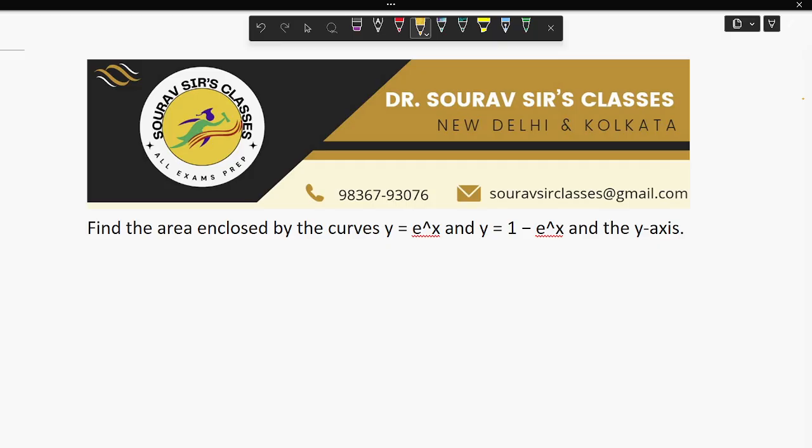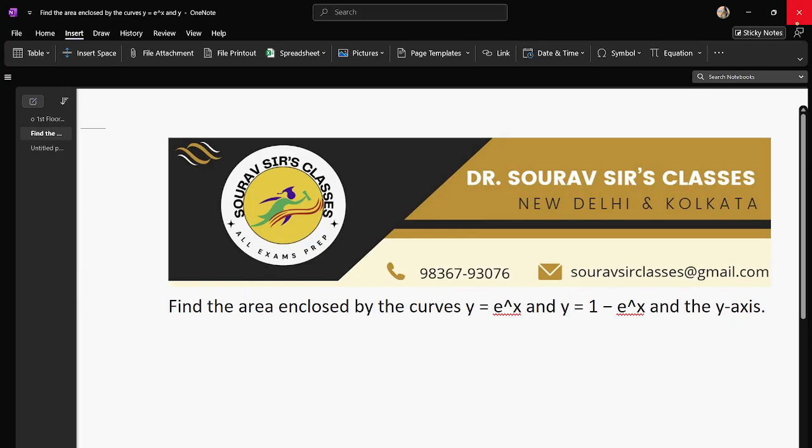So now we are going to solve a problem which appeared in the ISI JRF QEA question paper, and the question is: find the area enclosed by the curves y equals e to the power x and y equals 1 minus e to the power x and the y axis. So let us understand the curve first.